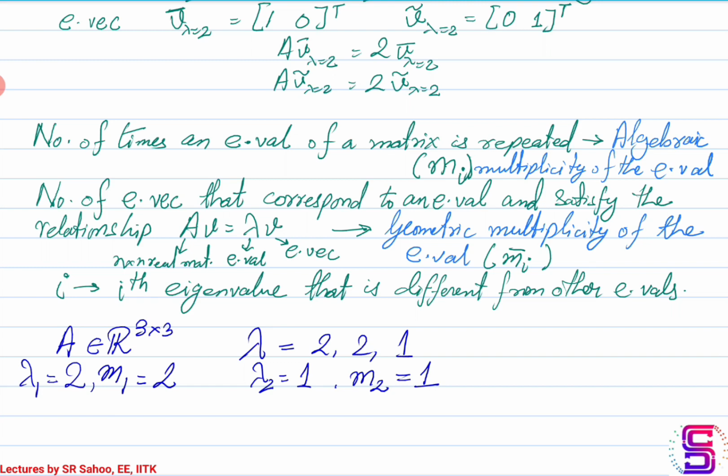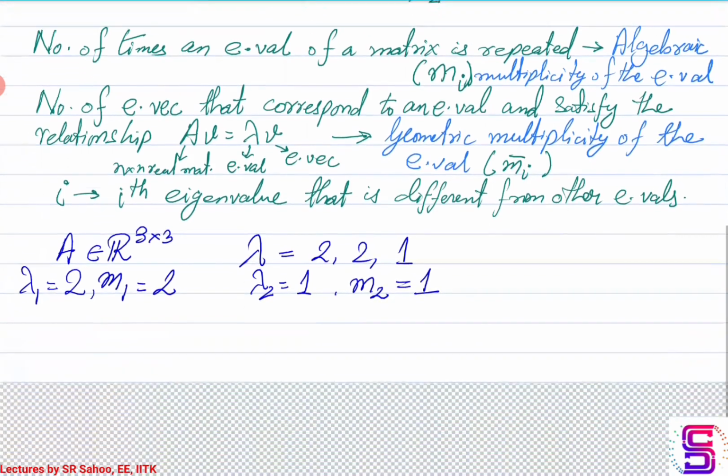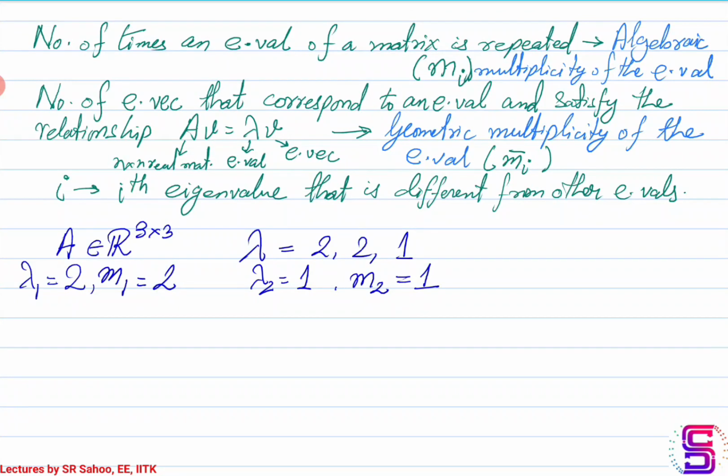Now to know the geometric multiplicity, we have to know the structure of A. So we have to know the A matrix. Without knowing the A matrix, we cannot comment on exactly what the geometric multiplicity is for these eigenvalues. But you should note that, given a matrix, the geometric multiplicity of an eigenvalue is less than or equal to the algebraic multiplicity of the eigenvalue, and of course this quantity is greater than 0.